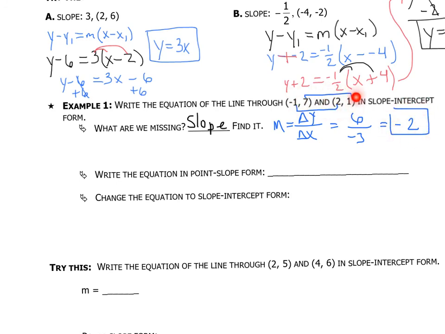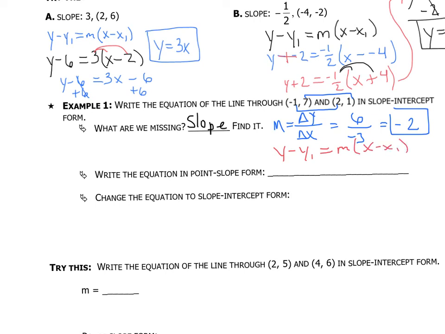So I'm going to take this one because they're both positive, and I'm going to write the equation in point-slope form. Remember that the point-slope formula is y minus y1 equals m times x minus x1.